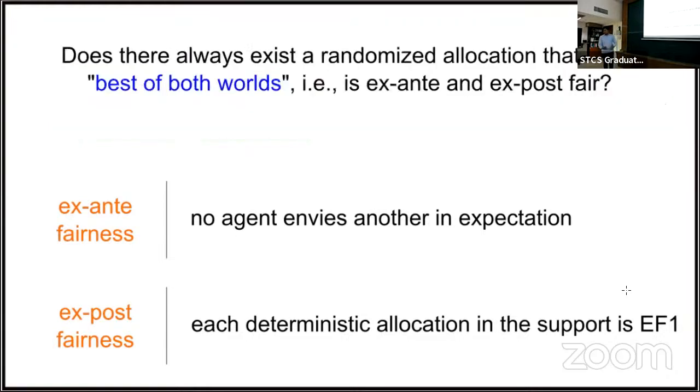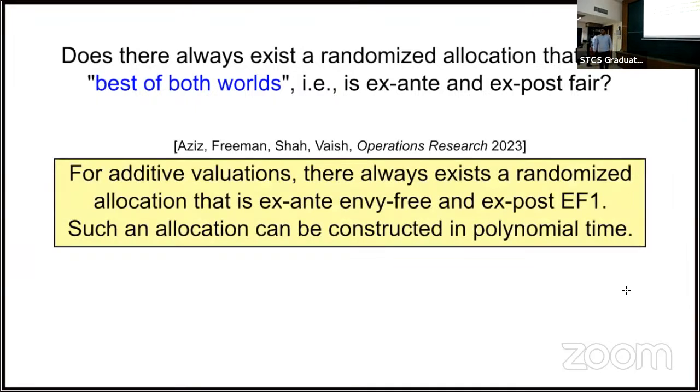Okay. Right. So this motivates this best of both worlds property, that we want both ex-ante and ex-post fairness simultaneously. So we have seen that you can get one on its own very easily, but we want both. Okay. So the main result that I want to talk about is that there is a positive answer to this question.